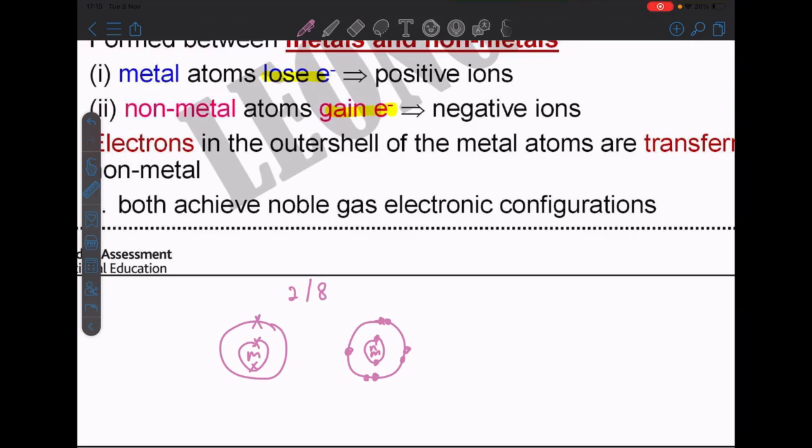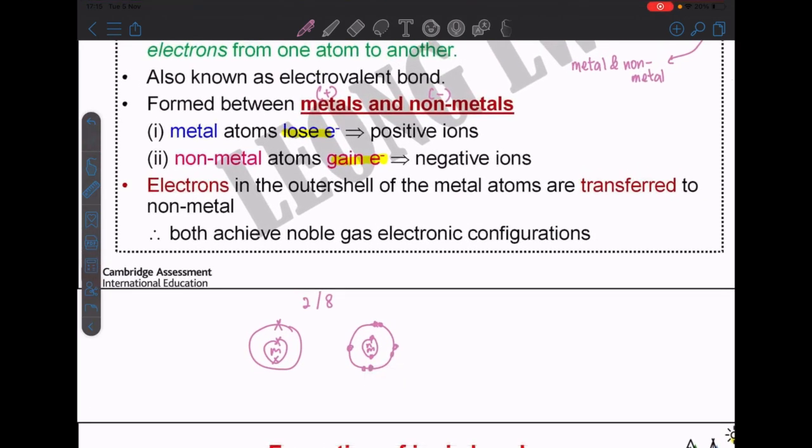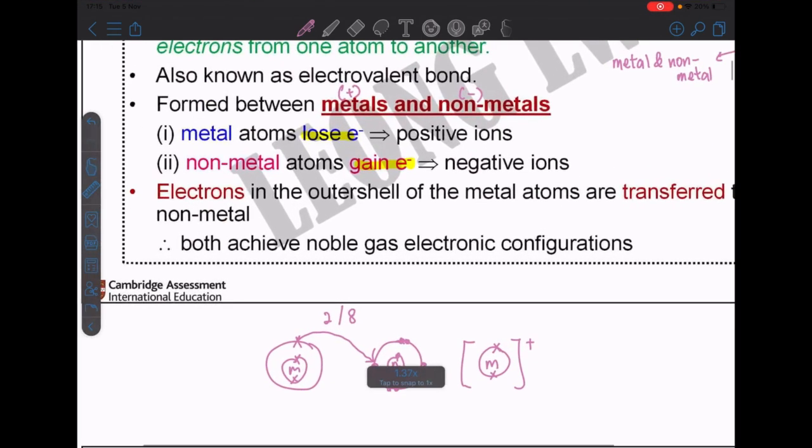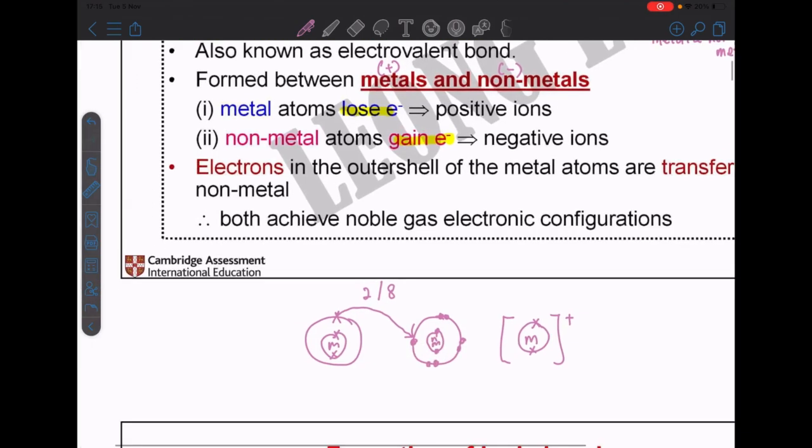So how do we make sure that both can fulfill the full outer shell? Metal will give away 1 electron in this case. So now metal only has 2 electrons in the outer shell, and it will be positive because it's giving away 1 electron.